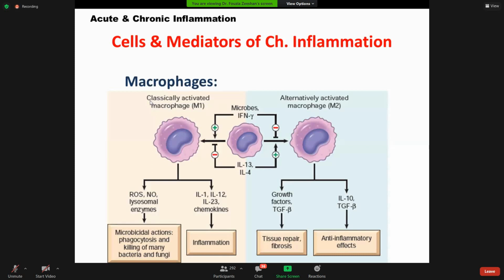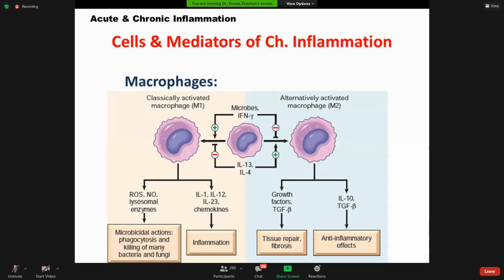So macrophages are activated by the M1 or classically active pathway, in which they stimulate interleukins like IL-1, IL-12, IL-23, and chemokines, and that causes inflammation. The macrophages start phagocytosis and killing by way of reactive oxygen species, lysosomal enzymes, and reactive nitrogen species.